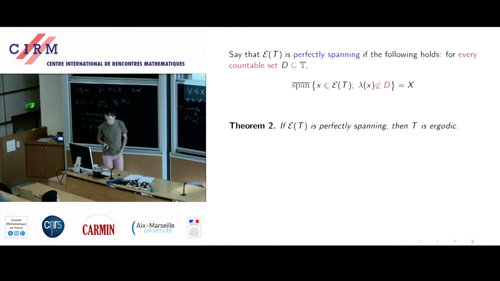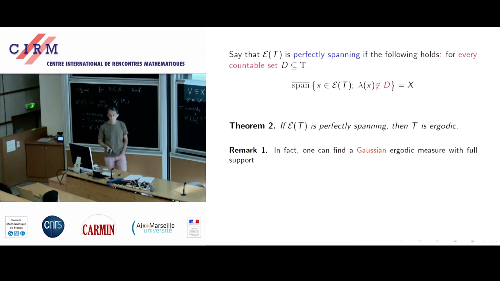And some remarks before I try to give a sketch proof of this theorem. The first remark is that, in fact, you can do better than this. You can not just get an ergodic measure with full support, but in fact, you can find a Gaussian measure which does the job, at least if your space is locally convex, because otherwise I don't really know what is the correct definition for a Gaussian measure.